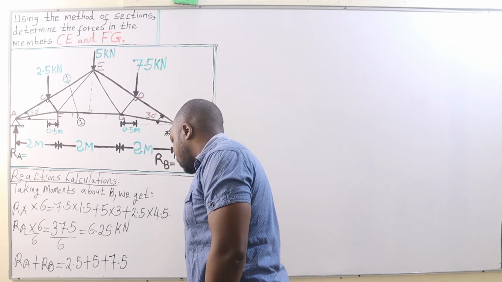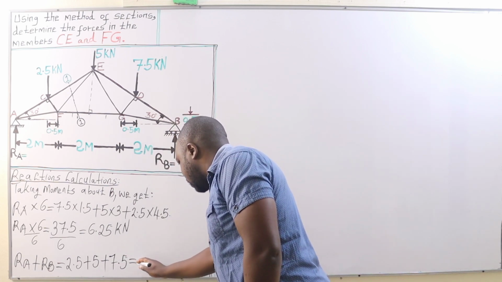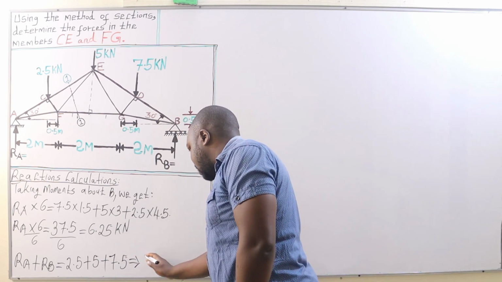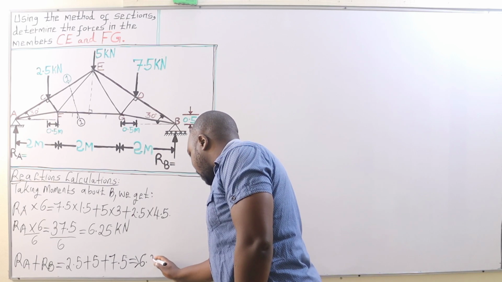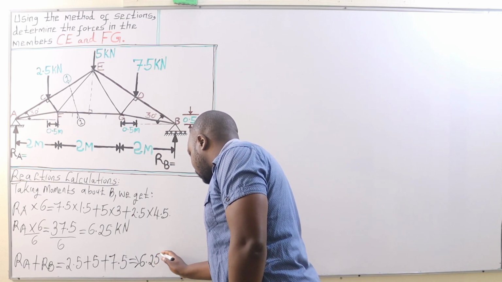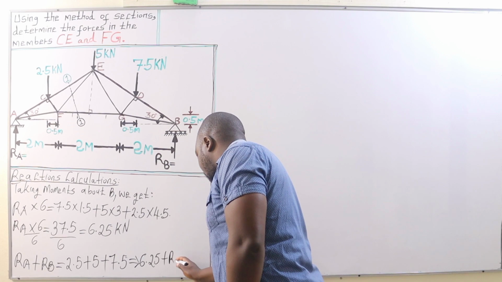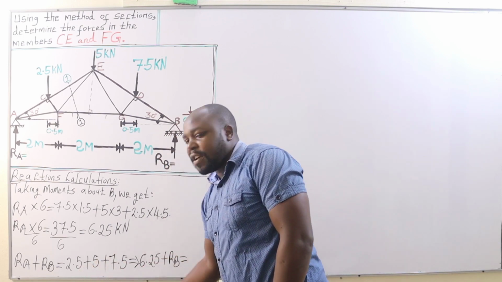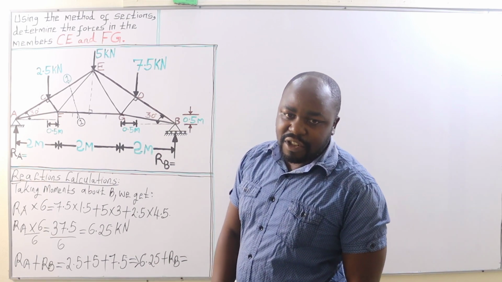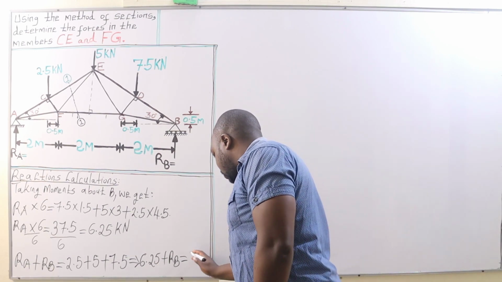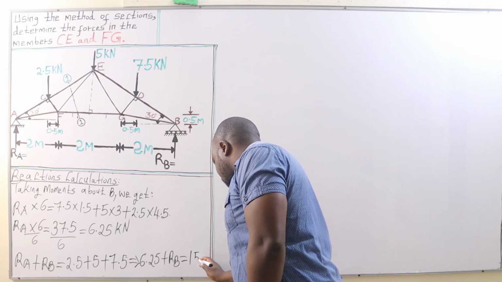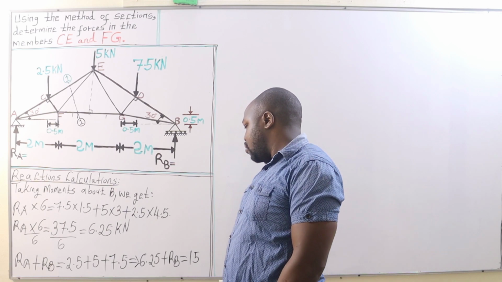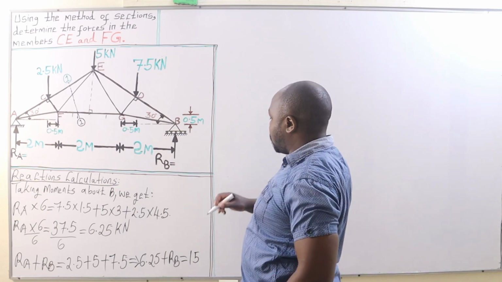We have the value of RA, which is 6.25. Therefore, 6.25 plus RB is equal to, when you add 2.5 plus 5 plus 7.5, 15 kilonewtons.